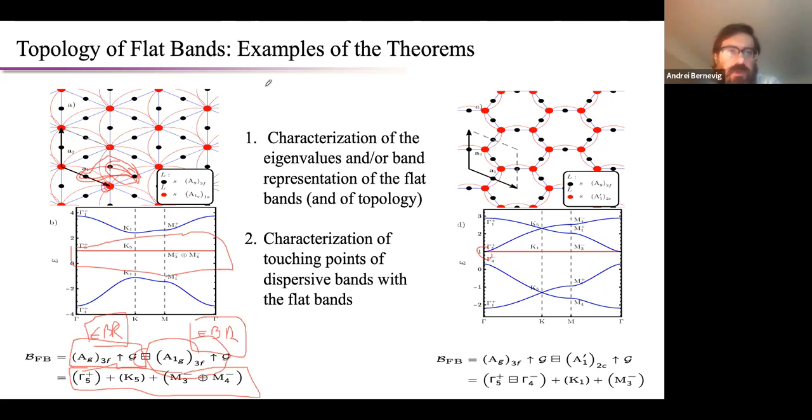Okay, now to the right, we now have a model where I have 3 S orbitals, one at each of the threefold Wyckoff positions.